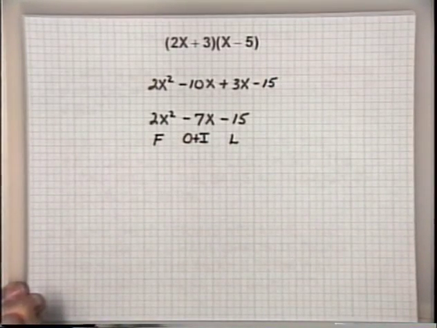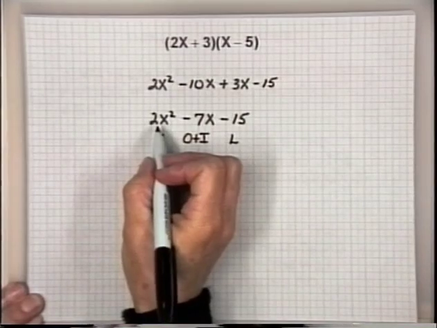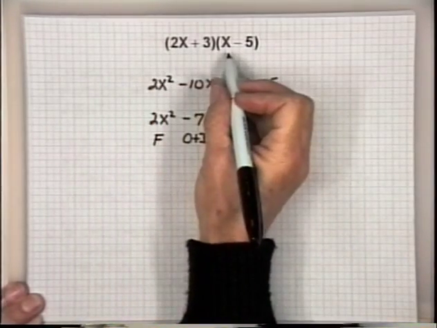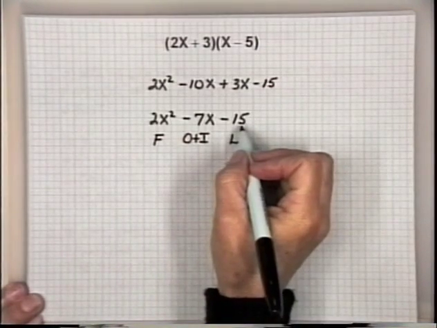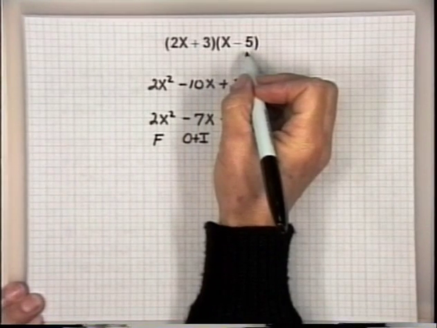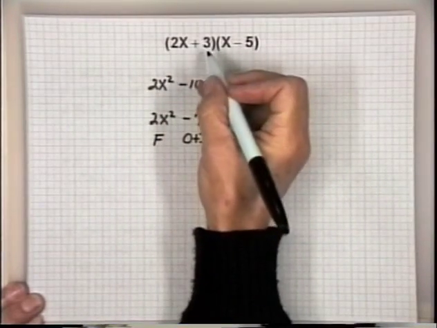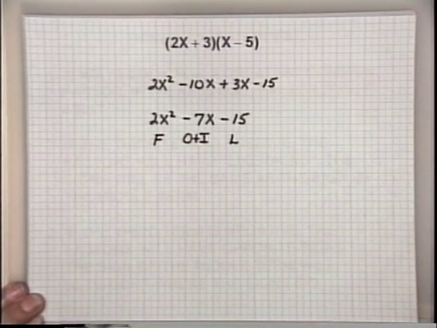When we reverse the process of multiplication and look for factors, we will start with the first term and try factors of this first term in our first positions in our binomial factors. We will try factors of our third term in the last positions. Then we will have to check to see if the outside product plus the inside product gives us our middle term.